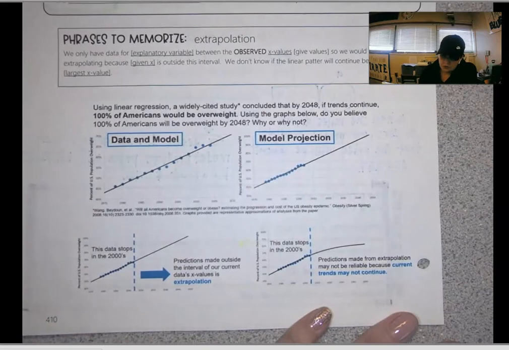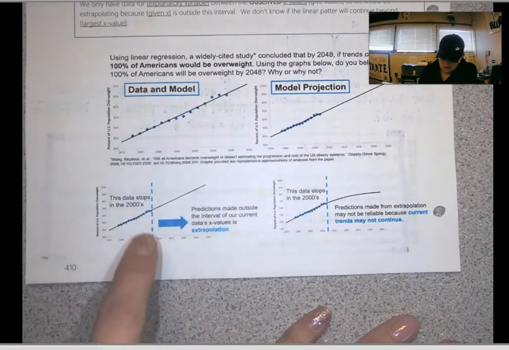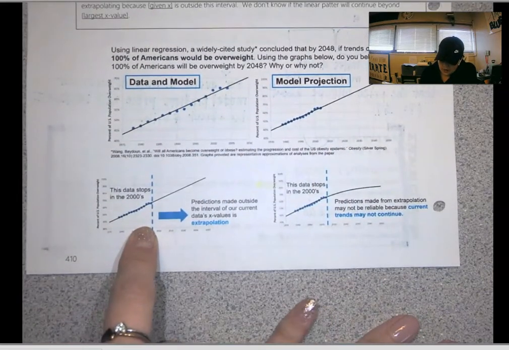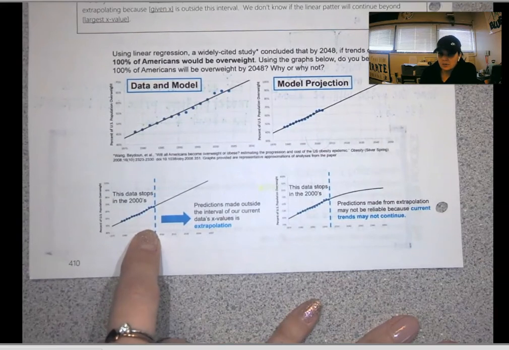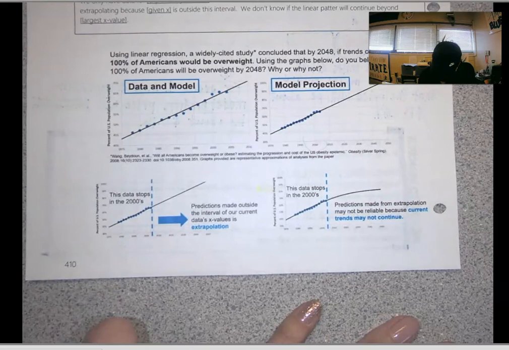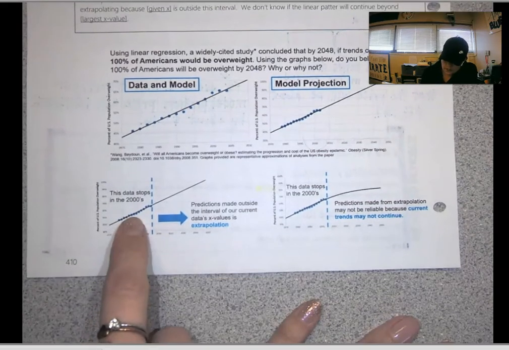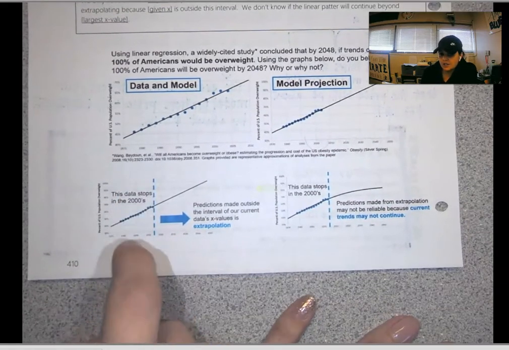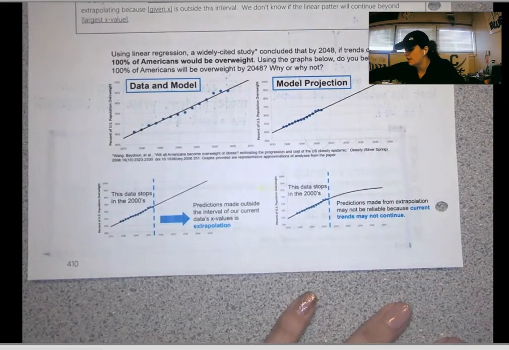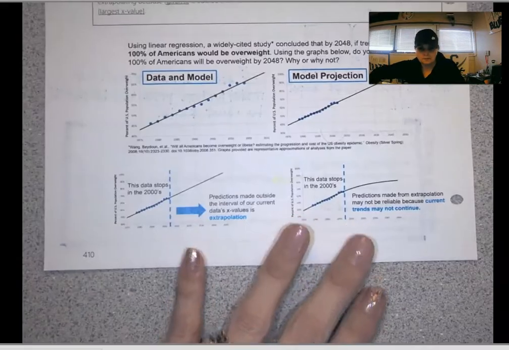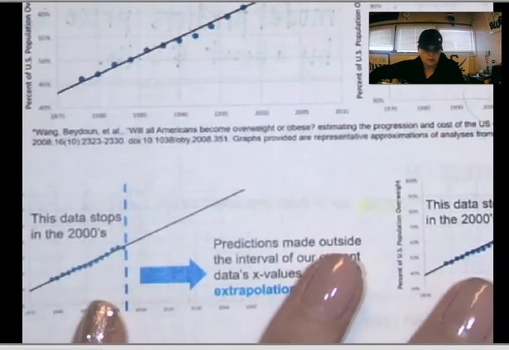The issue, though, is we don't have any observed data past about 2004. This data stops in the 2000s, and they've indicated that by putting that dotted line there.